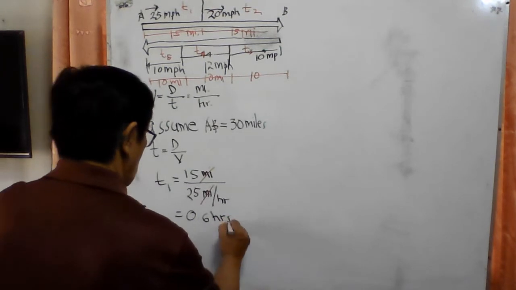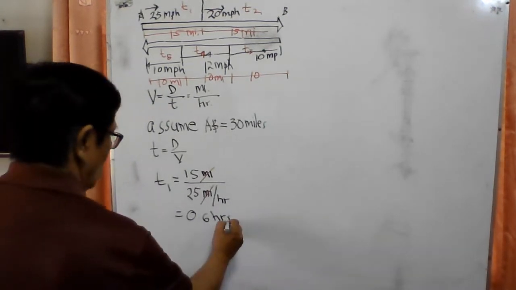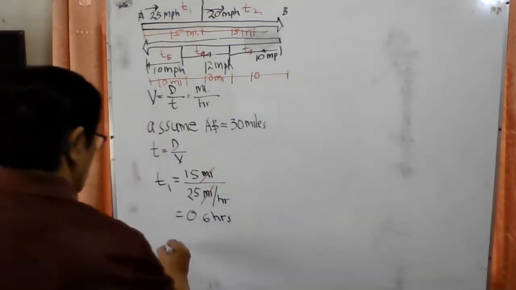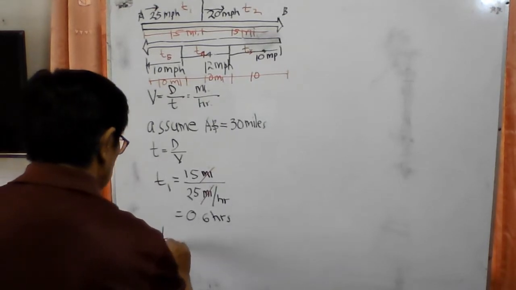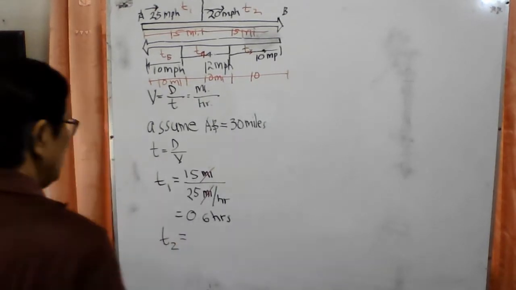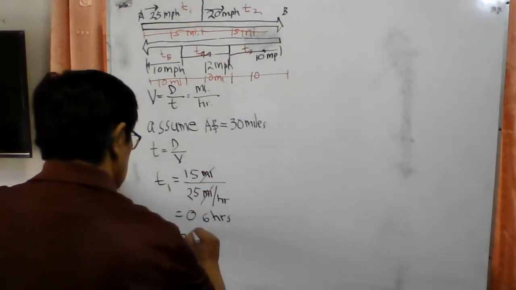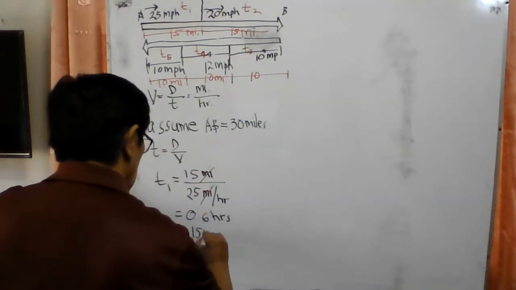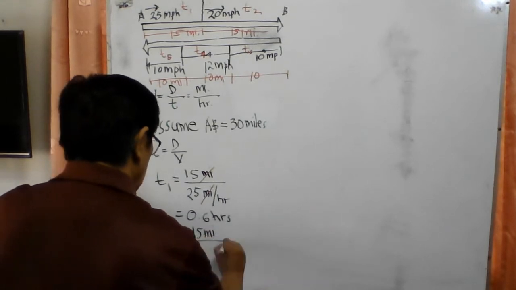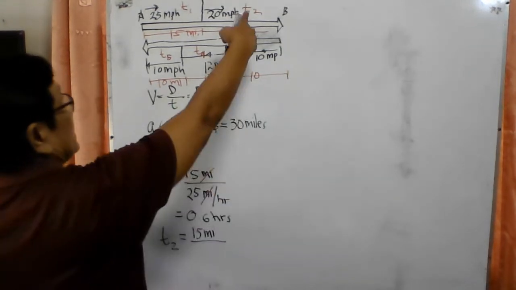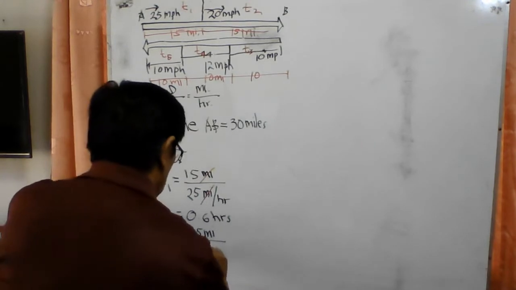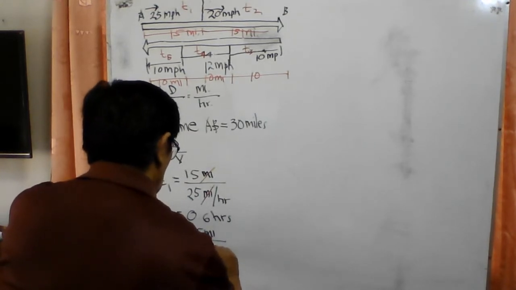So you now have the first one. Time 2 would be the same formula, distance, which is 15 miles, divided by the velocity, in this case 20 miles per hour.